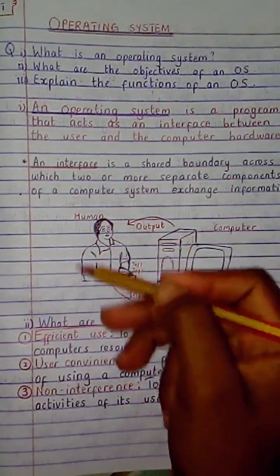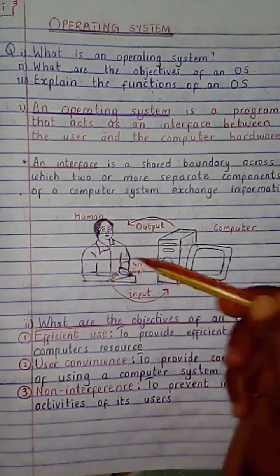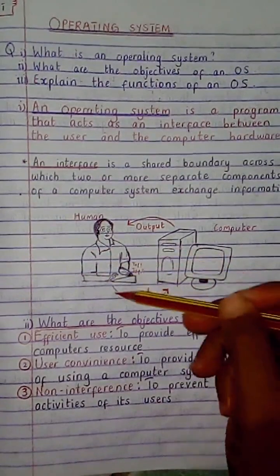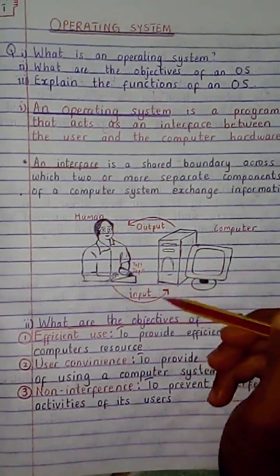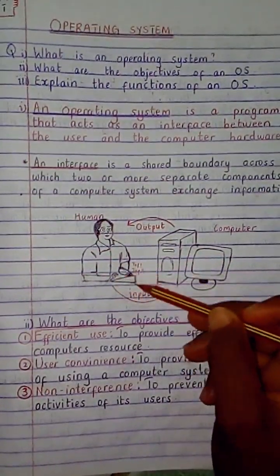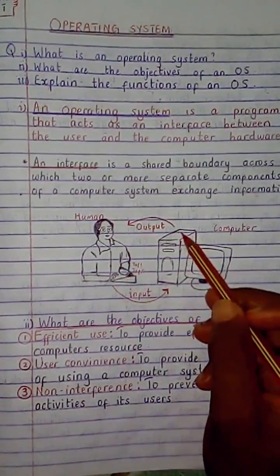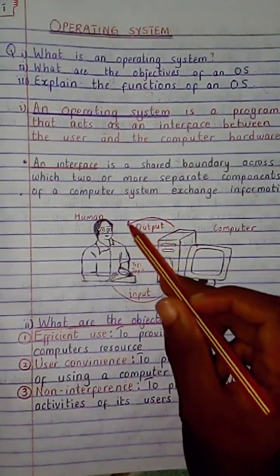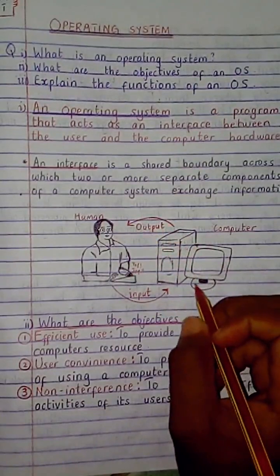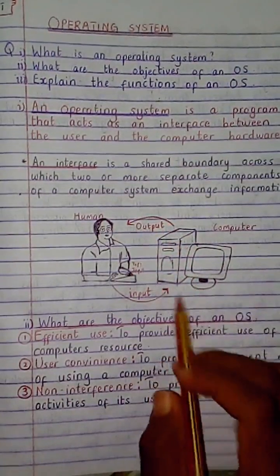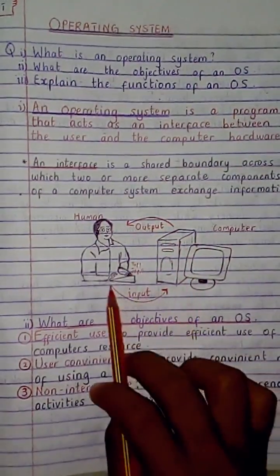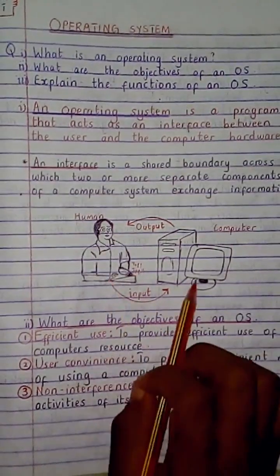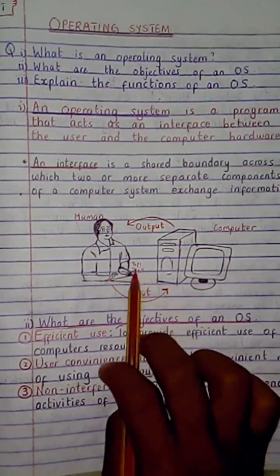As you can see my drawing, there is the human and the computer. The human inputs message to the computer through a keyboard, and the computer outputs the message when it is processed. So what makes the communication available between the human and the computer is what we call the operating system.